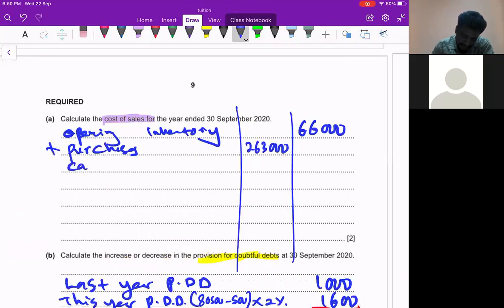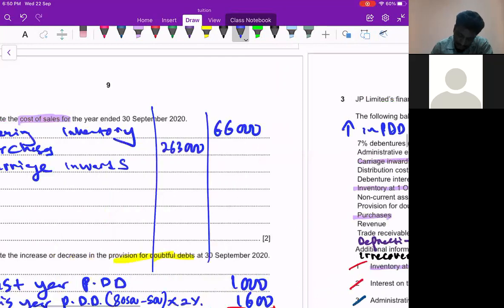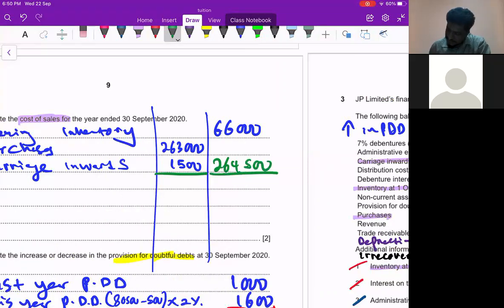So plus carriage inwards. How much is the carriage inwards? 1,500. So I plus 1,500. Together, 263,000 plus 1,500, I get 264,500. Plus together 66,000 plus 264,500, I get 330,500.